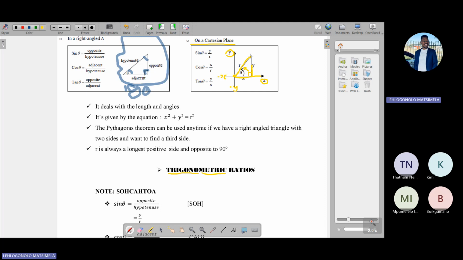So on this other triangle, our hypotenuse is going to be this one, because our 90-degree angle is this one. I figure out the line in which the arrow is pointing, which is this line. That line is r, or radius, or hypotenuse, which is the longest side.